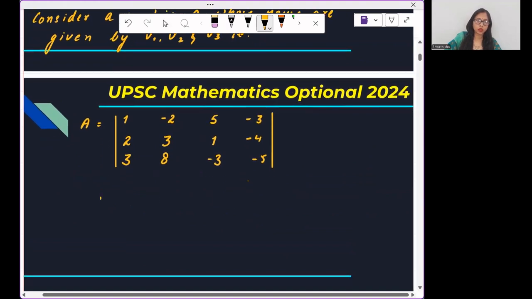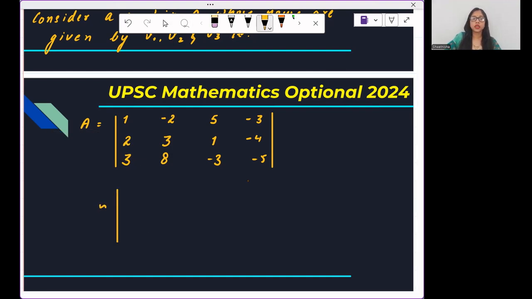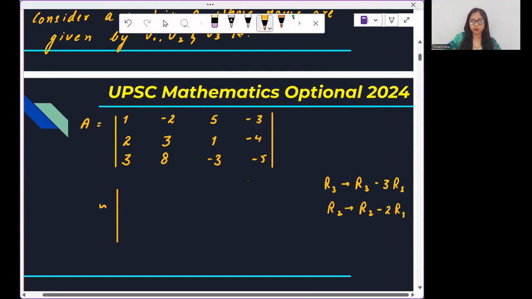Now, this is equivalent to, just apply operations, make it echelon form to check the linear independence. So just apply operation on R3 as R3 minus 3 times R1, and on R2 as R2 minus 2 times R1. So it is going to be 1, -2, 5, -3, 0, 7, -9, 2, 0, 14, -18, and 4.